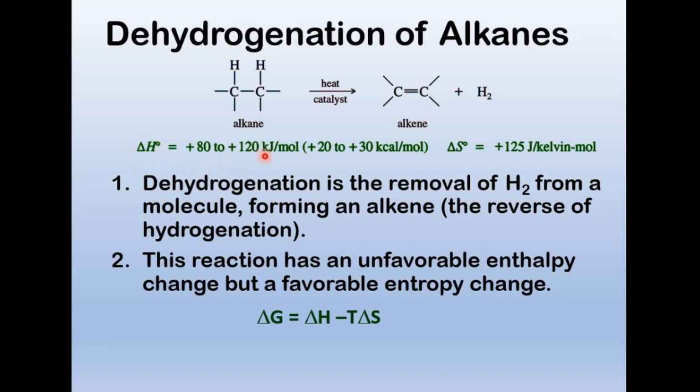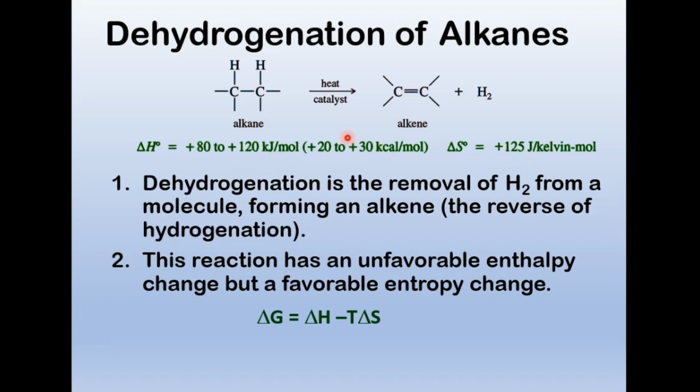Notice it's endothermic. You already know that because we looked at the heats of hydrogenation of alkenes to alkanes to figure out how stable your alkane might be. So this is definitely at higher energy. Good reducing agent. These products are clearly at higher energy, and hence the endothermic change in enthalpy.